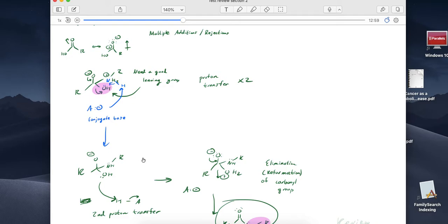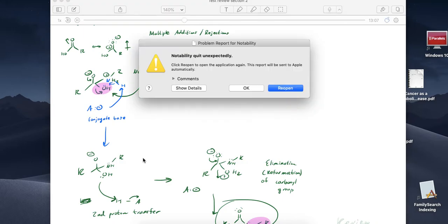Or we could look at it as some base just pulls off this hydrogen from ammonia or from ammonium derivative. So then the acid will pick up the proton, and then this hydroxyl-like group will just pick up that proton again. So does it matter which way you look at it? Not really, it's the same thing. Does that answer your question?